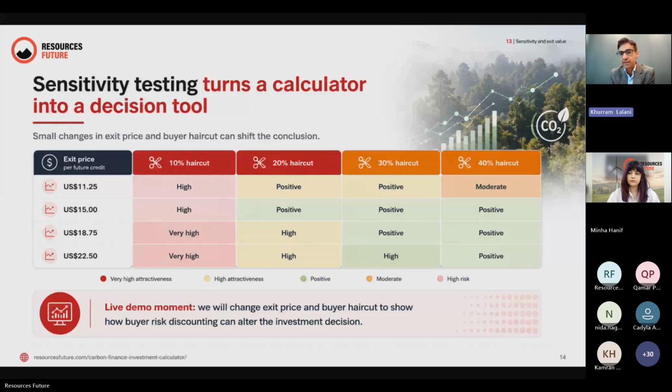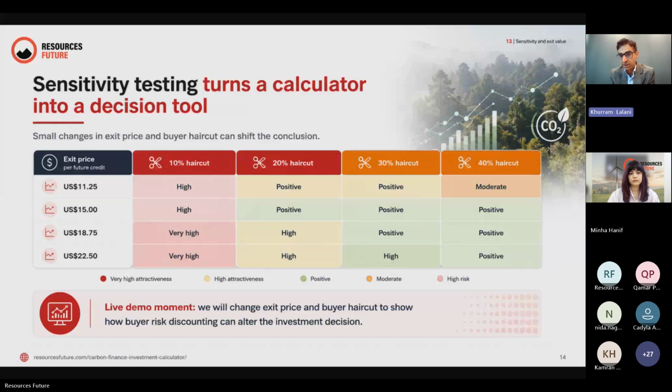At this point in time, as we said earlier on, the tool is not really designed to give you methodology specific carbon credit accounting. So that's something where you need to undertake those baseline numbers and leakage numbers before calculating your financial perspective.